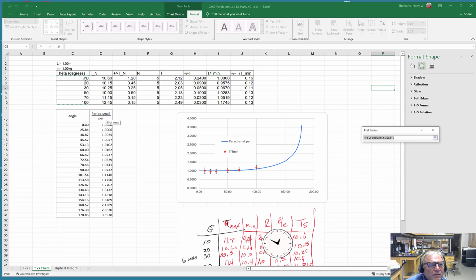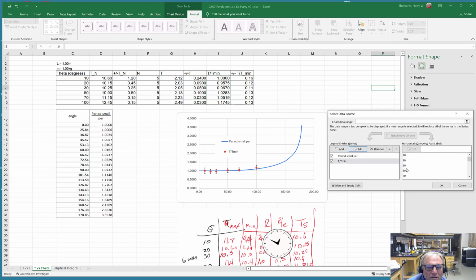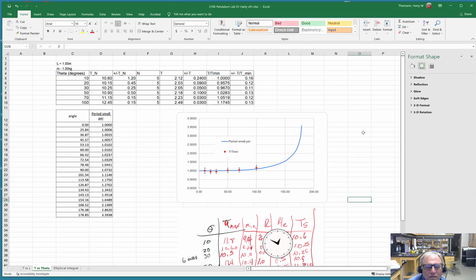But let's make absolutely certain. The Y values. I wonder why it insists on, because it looks like there's something down at the bottom here. Well, there you go. And of course, it still needs some jazzing up.